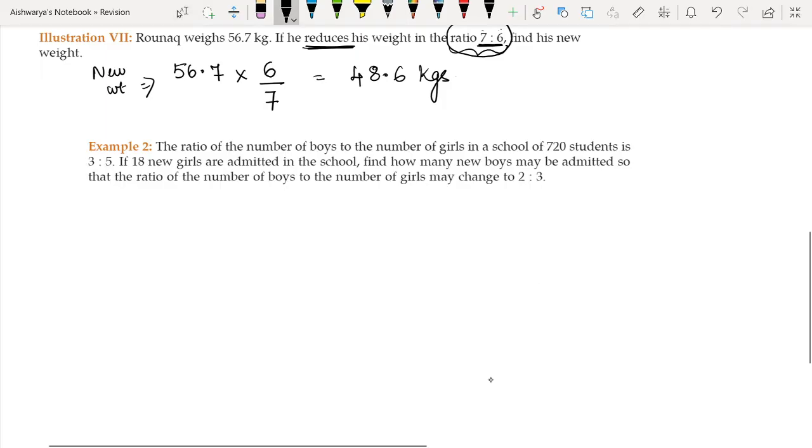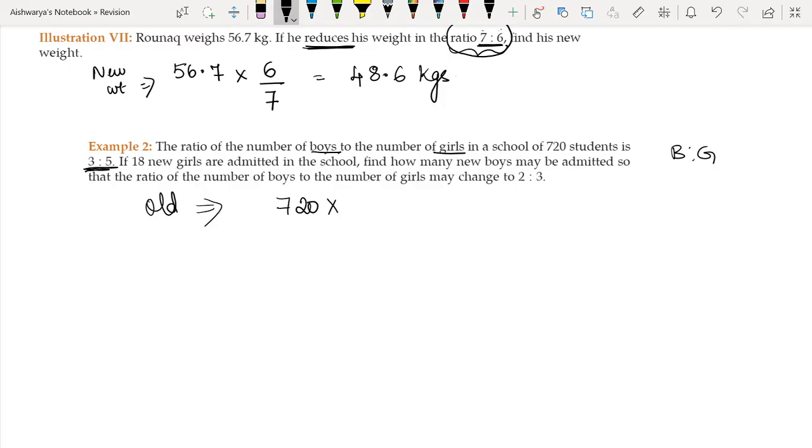So first, the old number of girls and boys. Okay, old, how many are there? 720 students are there in which they are in the ratio boys to girls. That ratio B is to G is 3 is to 5. So we want to find the number of boys first. Okay, so boys will be 3 by 3 plus 5 is 8.